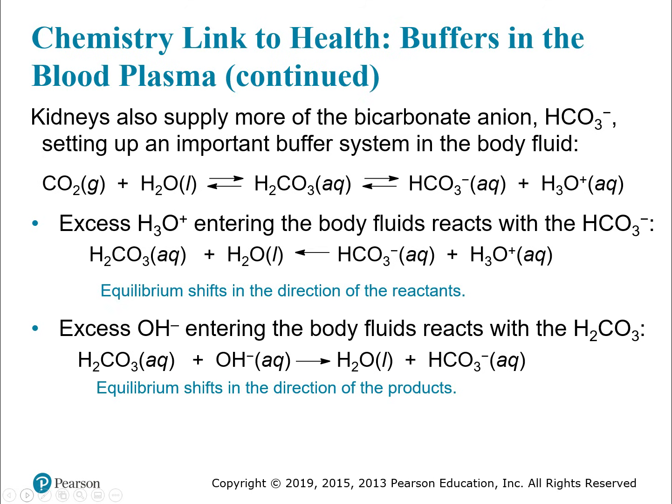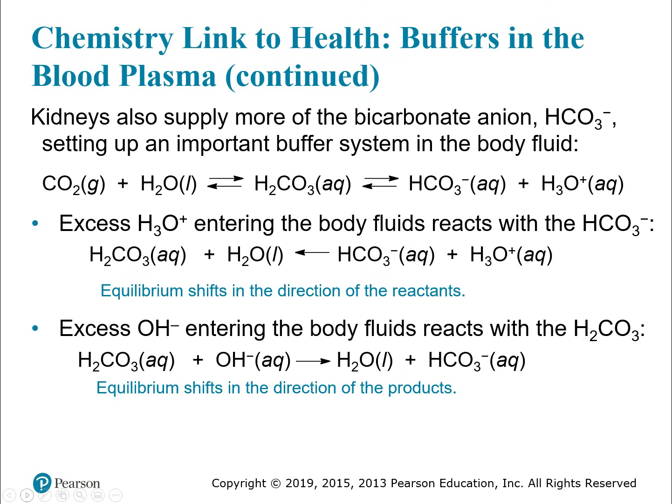The carbon dioxide, all of it doesn't get eliminated through your lungs. Some of it is dissolved. In your kidneys, you're also supplying more of that bicarbonate anion. So remember, every good buffering system has a weak acid and a conjugate base.